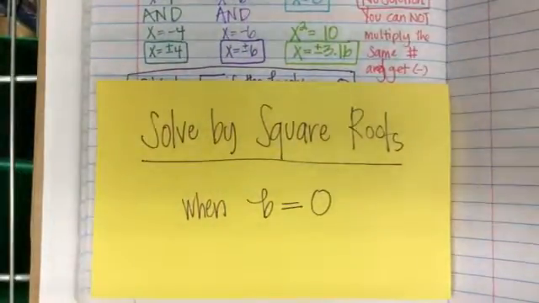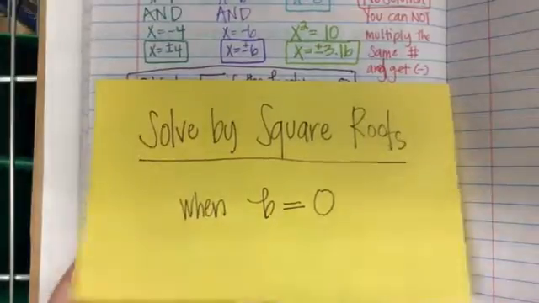Solve by square root. So this is when our b value equals 0. When there is no b value. Most likely when it's in simplified form, it's going to be a binomial. It's going to have 2 terms.